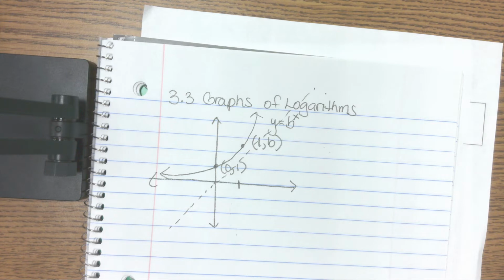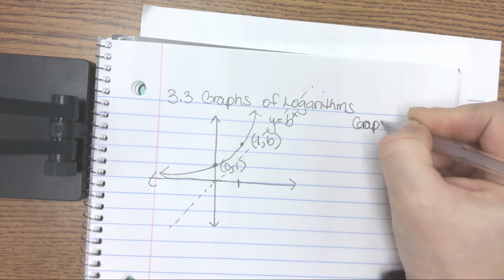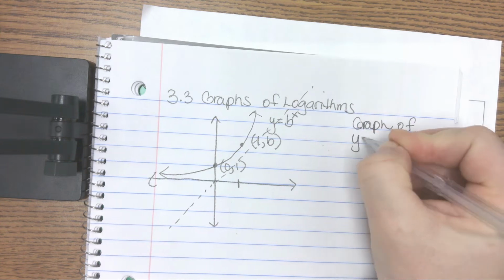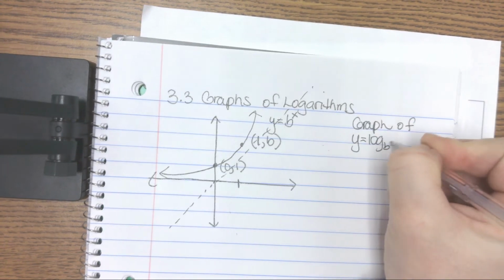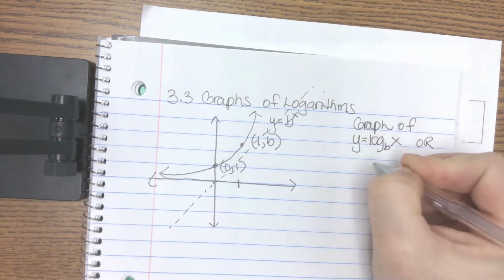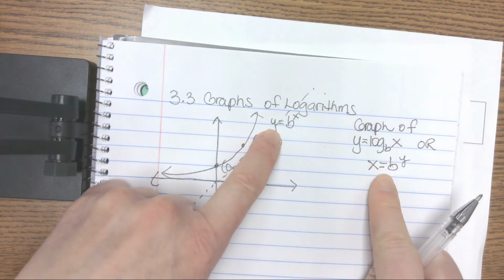And then let's reverse everything. This is what the graph of y equals log base b of x would be. Or another way of writing that is x equals b to the y. I'm switching my x and y around.